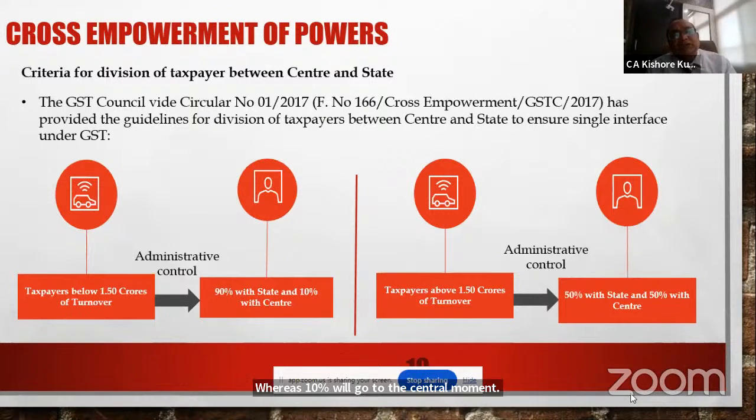Also, for taxpayers whose turnover is above 1.5 crores, the division of taxpayers between the center and state will be 50-50. This is for the administrative control, friends. The circular further provides the manner of computing the turnover. We are not getting into those details because those are not relevant for the present discussion. And this division of 90% or 50% between center and state will happen through a computer in a stratified manner.